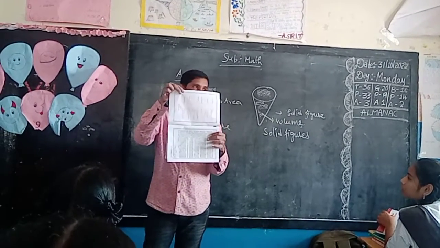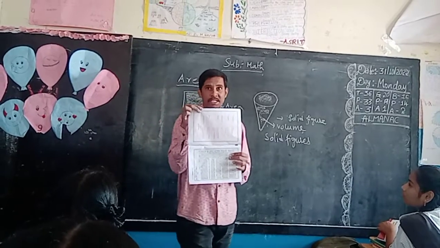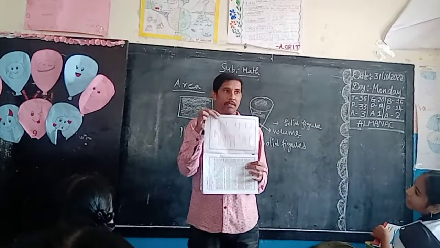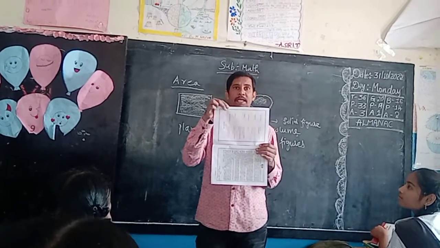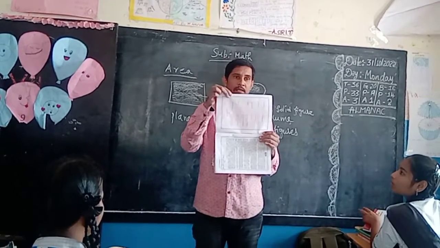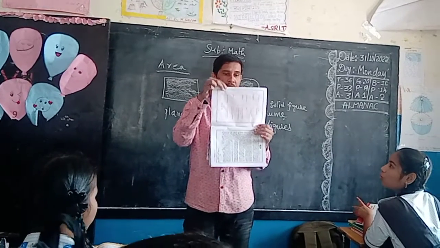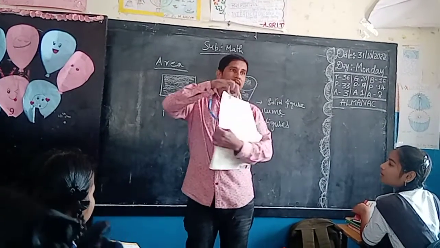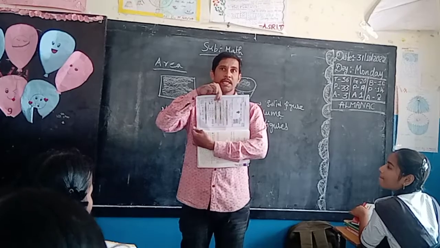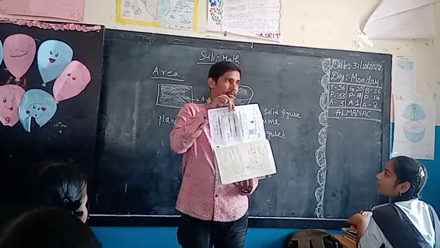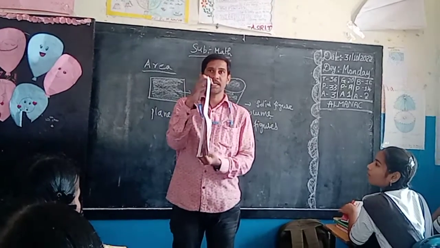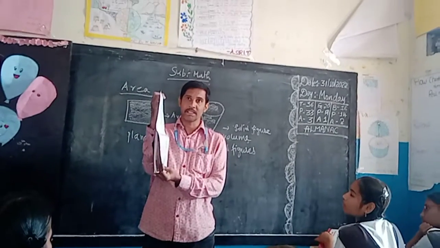If you see a paper, this paper is of which shape? Rectangle shape. Now, in how many directions are you seeing this rectangle? In 2 directions, one front side and one back side. Can you see the rectangle shape from another side like this?